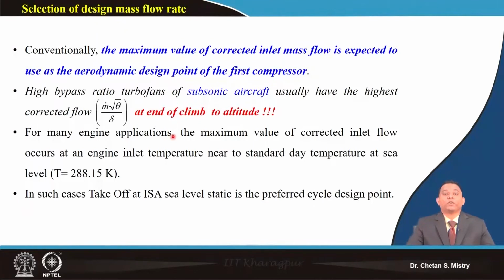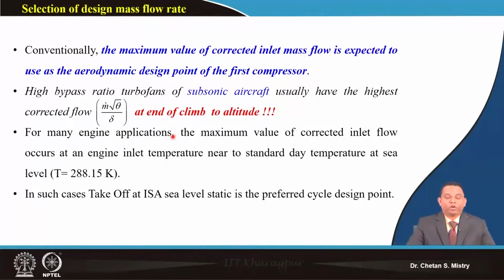So what is my maximum mass flow rate condition? If we are talking about an aero engine, my maximum thrust requirement is at the takeoff condition. So you can say that is what we consider as the maximum mass flow rate condition.